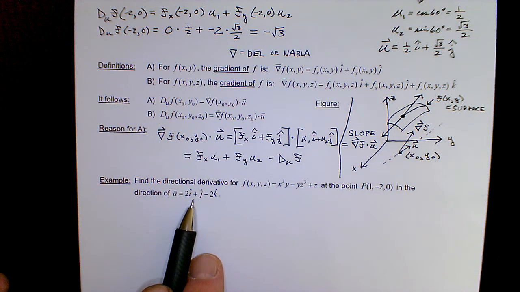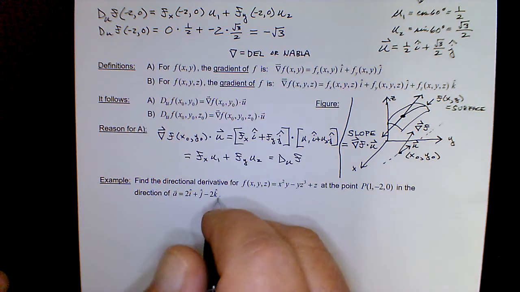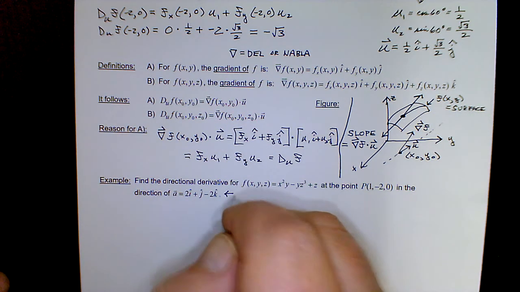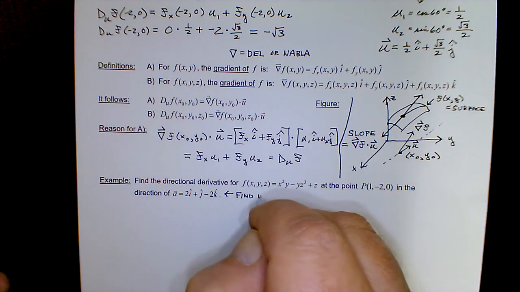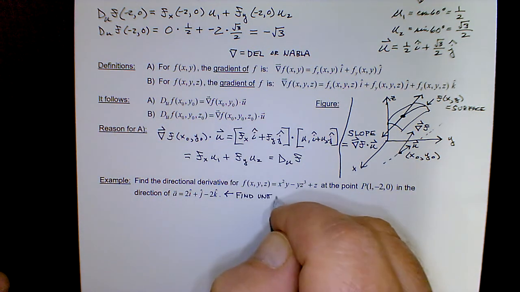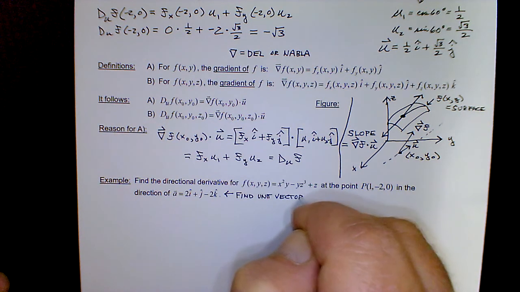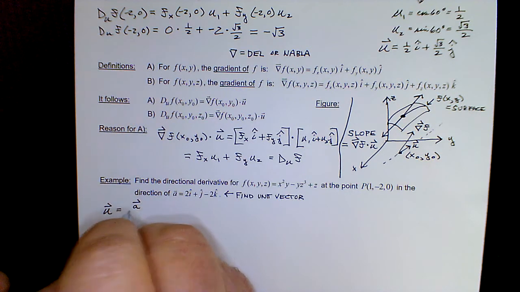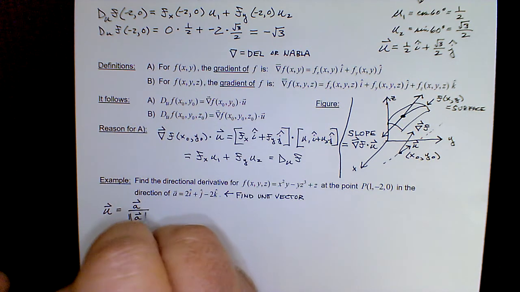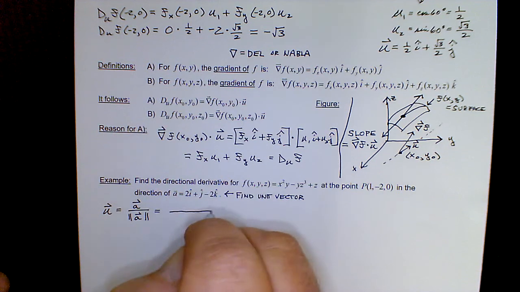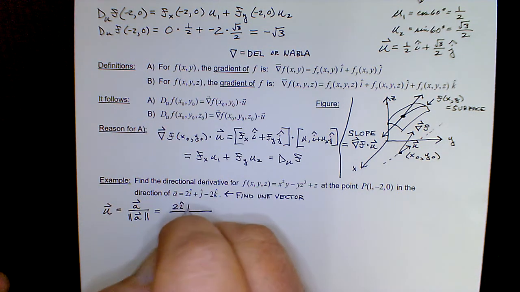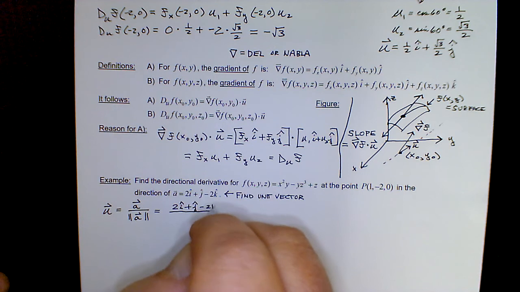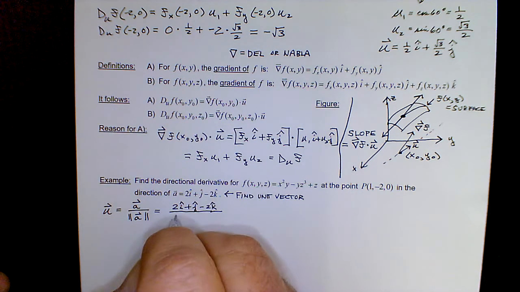Okay, so the example, first thing is to find the unit vector. So the unit vector, remember, is whatever the vector is divided by its magnitude. So here we have 2i plus j minus 2k divided by the magnitude, the square root of the sum of the squares.